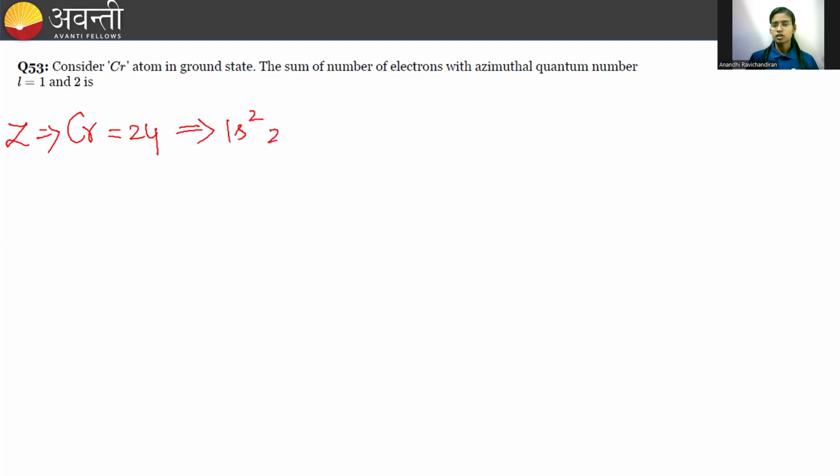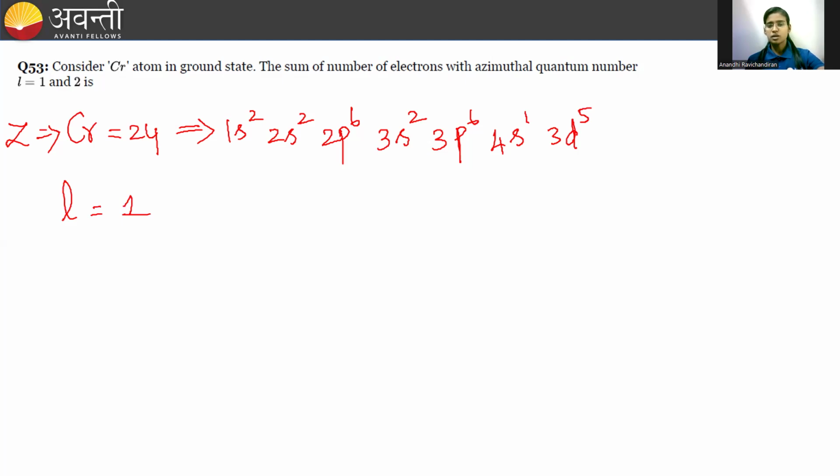The electronic configuration will be 1s2, 2s2, 2p6, 3s2, 3p6, 4s1, 3d5. So this is the electronic configuration of chromium. Now for L is equal to 1: L is equal to 1 denotes the p subshell.